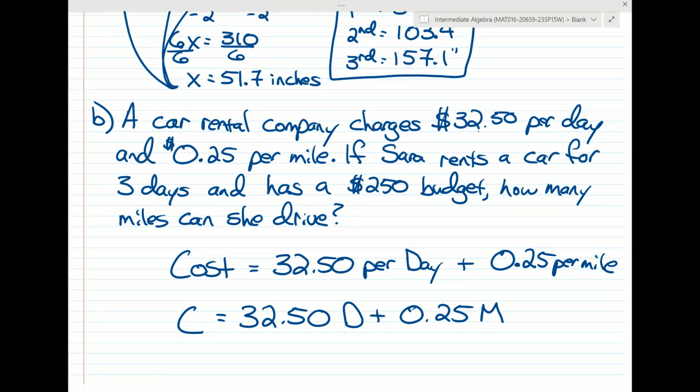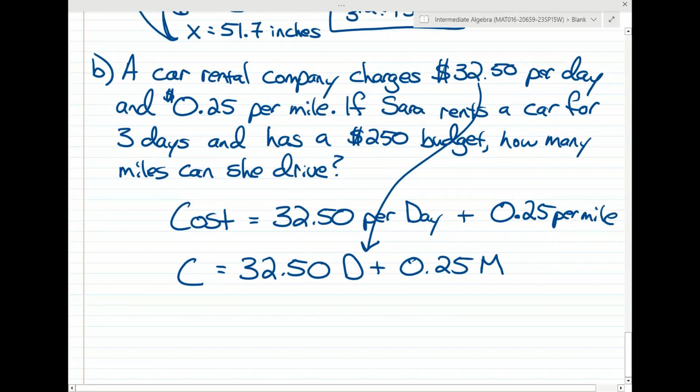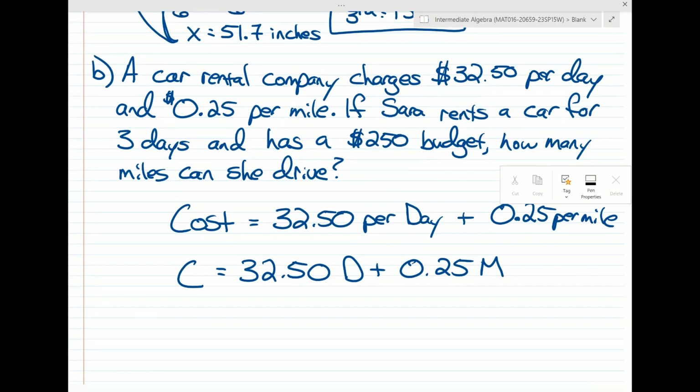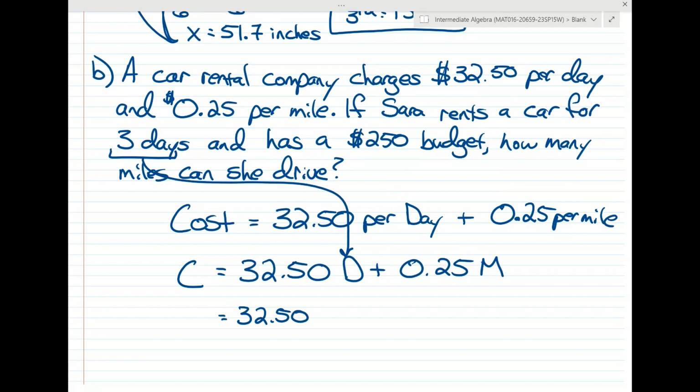Well, it's $32.50 per day, so I'm going to plug that in for D. Or let me see. Actually, that's fake news here. Sarah rents a car for 3 days, so the number of days is 3. So $32.50 for 3 days. That's where we plug those numbers. $250 budget is how much she could afford to spend, obviously.